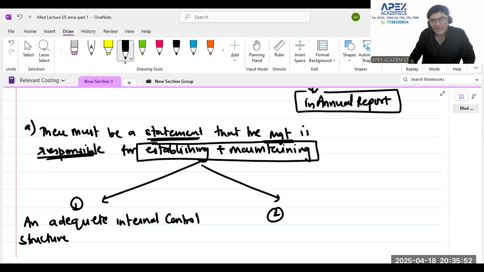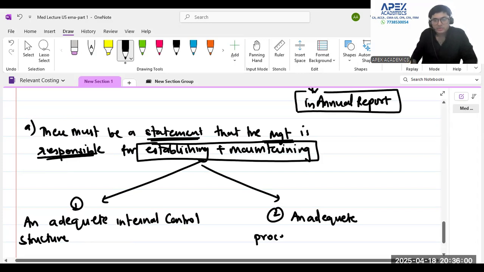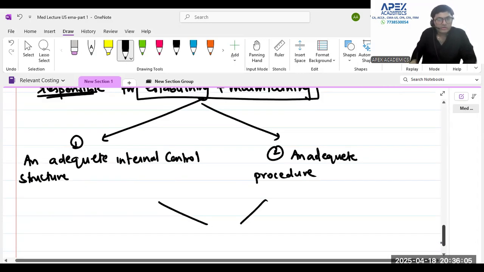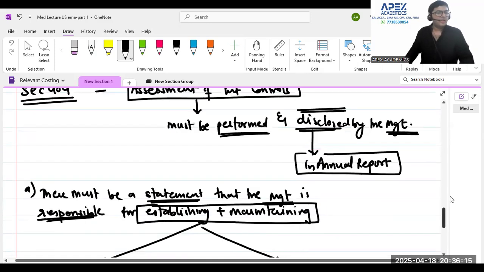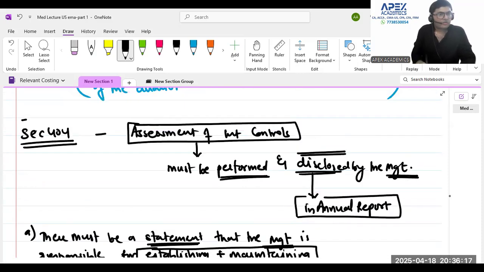Number two, an adequate procedure for financial reporting. Let's read this point again. Section 404 requires an assessment of internal controls by the management.